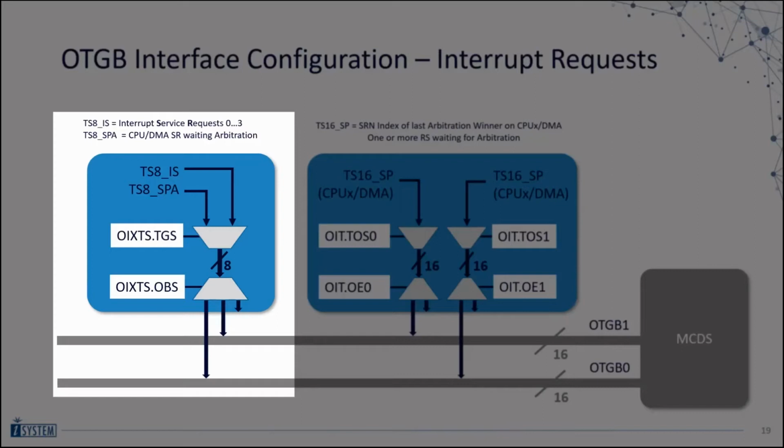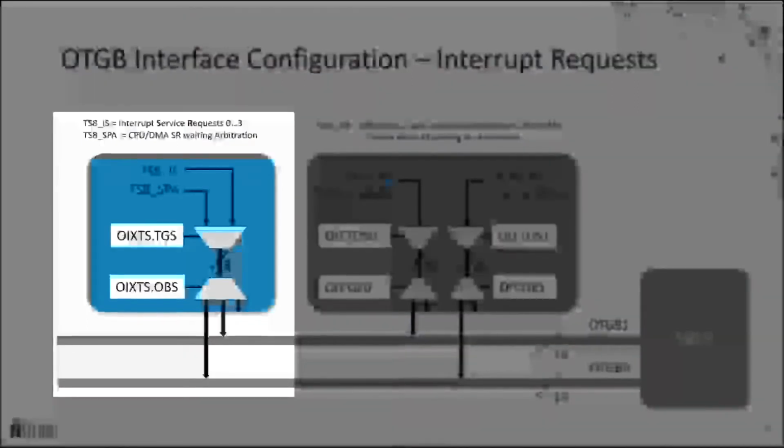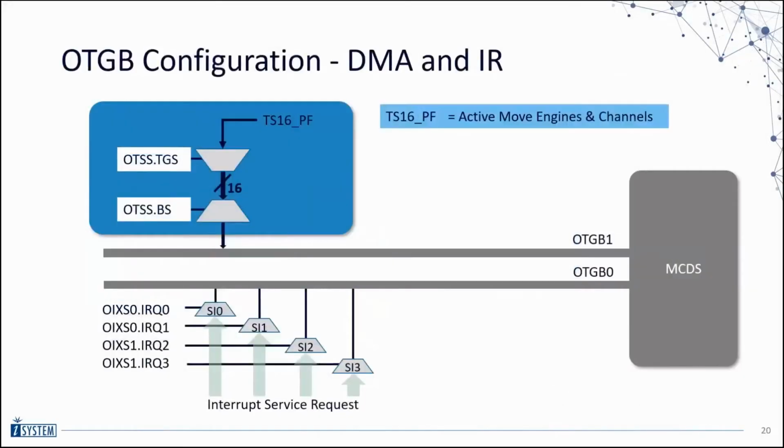In other words, it enables us to detect delays caused by high interrupt load. Additionally, we can use TS8IS to measure the time between an interrupt request and the response of the interrupt service provider, for example, the execution of an interrupt service routine. Let's add the IR overlay to our existing configuration of the OTGB.